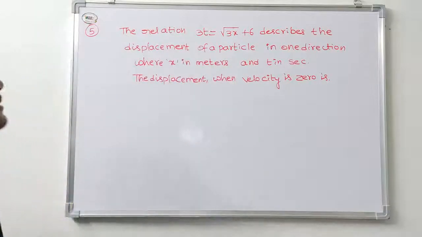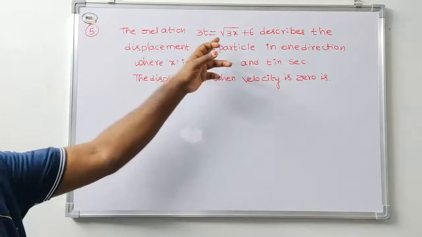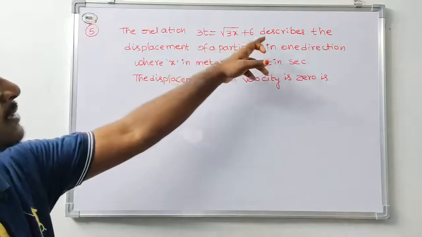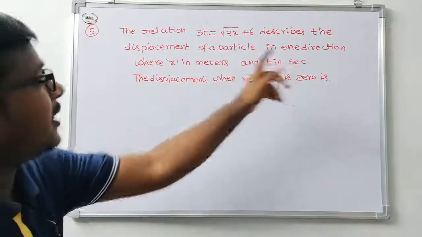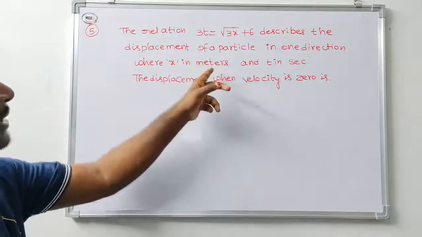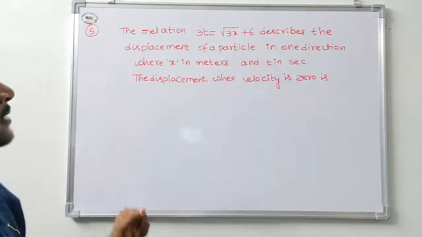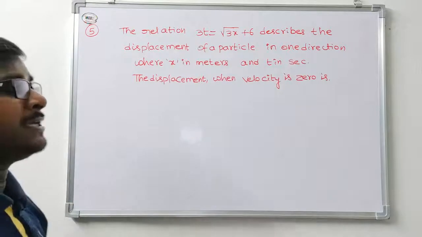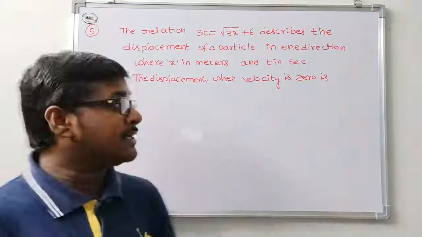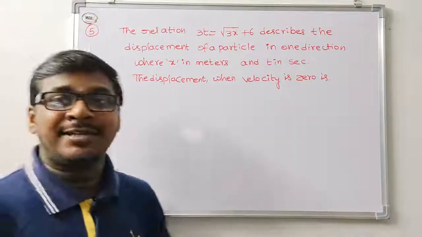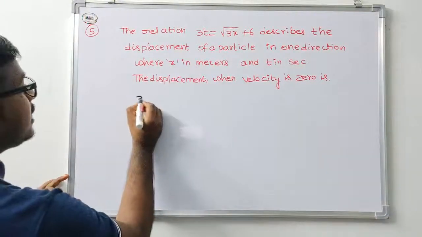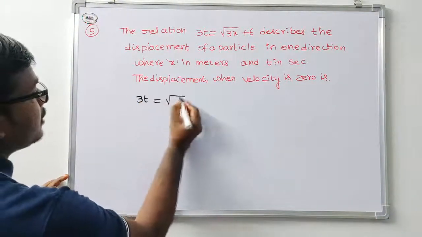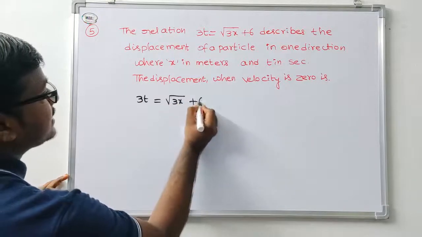Okay, the relation 3t is equal to root over 3x plus 6 describes the displacement of a particle in one direction, where x is in meters and t in seconds. Find the displacement when velocity is 0. First write the equation 3t is equal to square root of 3x plus 6.